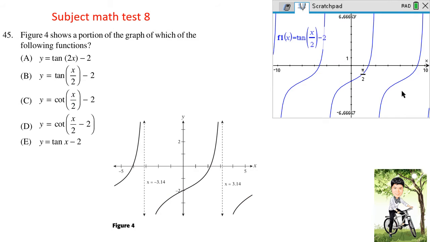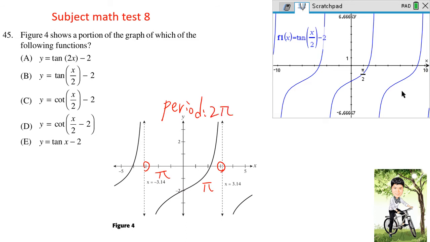When we see the graph of a trigonometric function, we first check the period. In the graph, the period is about pi.